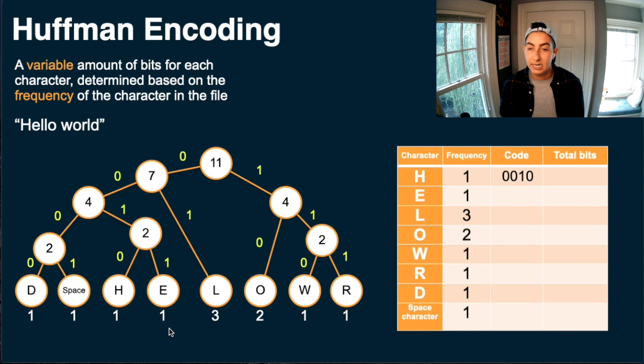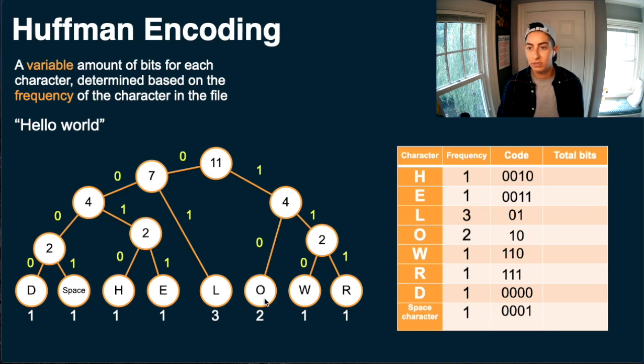And there we have it. For E, the coding would be 0, 0, 1, 1. For L, it would be 0, 1. And for O, it would be 1, 0, and so on and so forth. You can fill in the rest exactly as described.